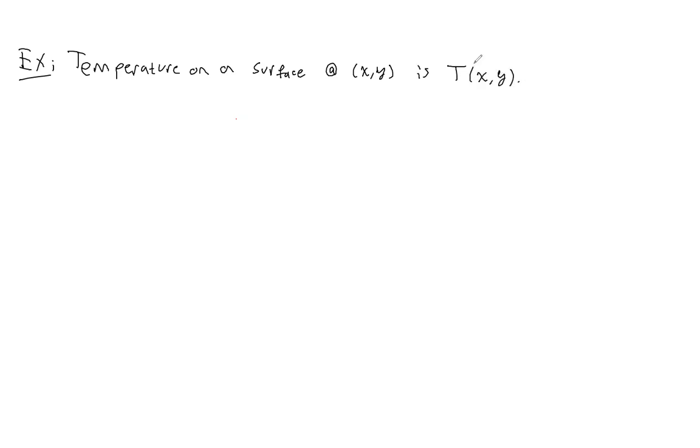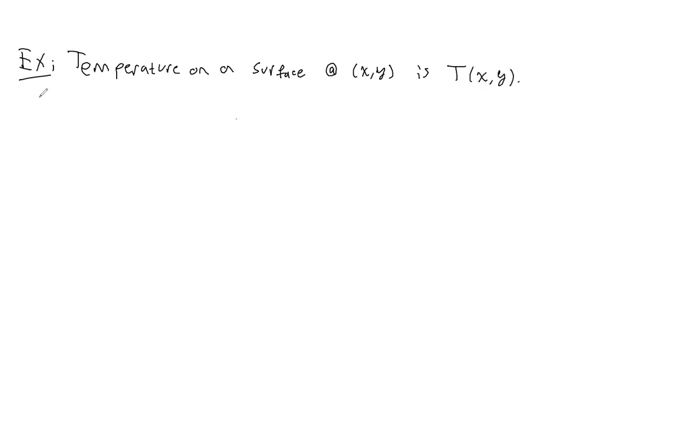So to start us off, these are mostly problems that are coming from Stewart. Let's consider as our first example, we've got the temperature on a surface. And this temperature at some position x, y is given by T of x and y.